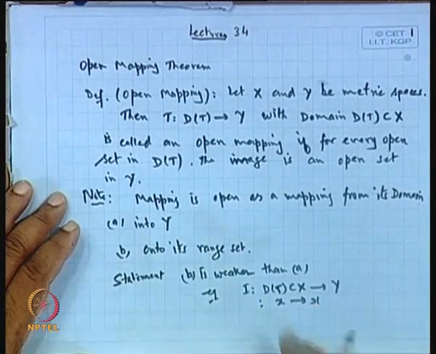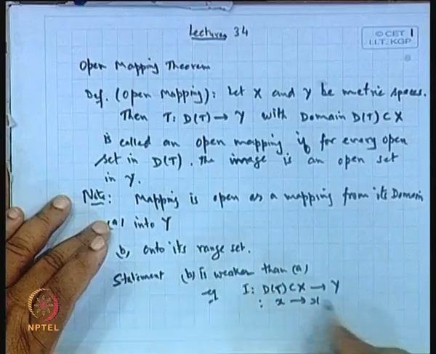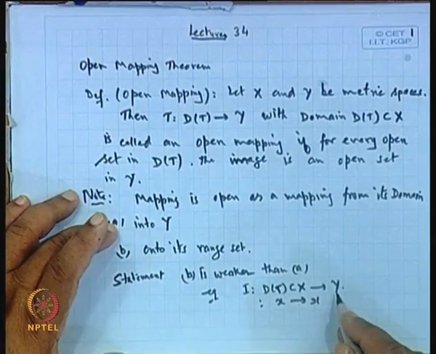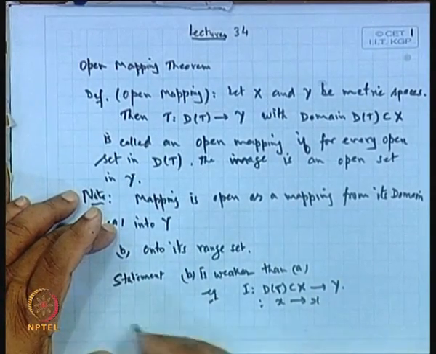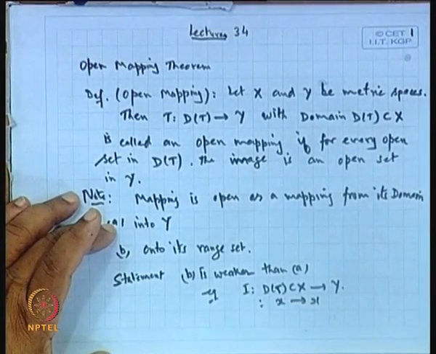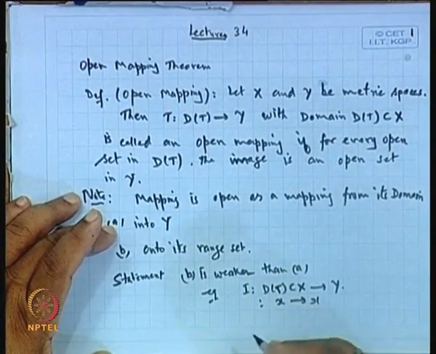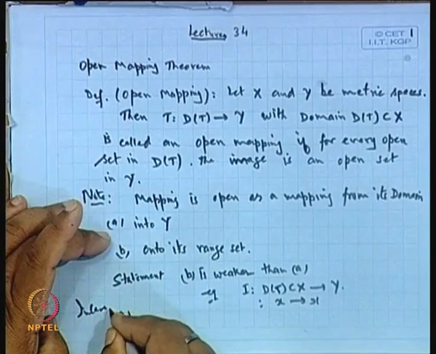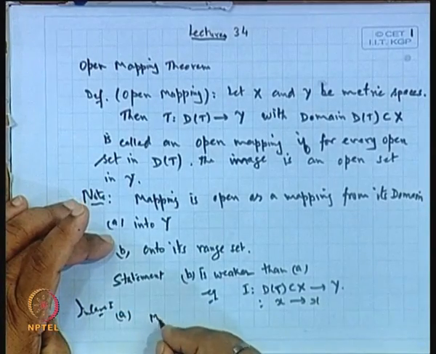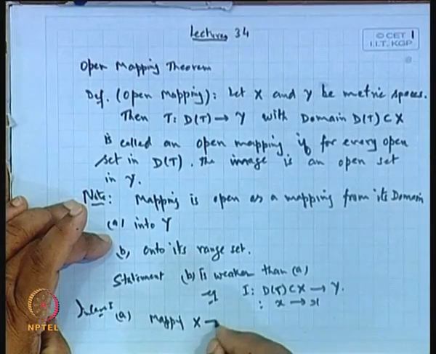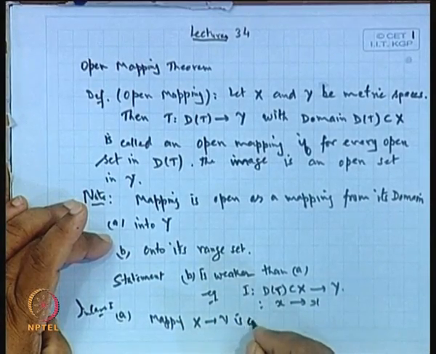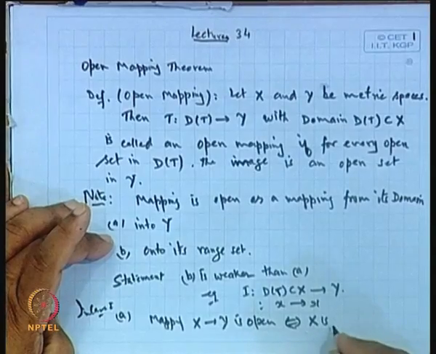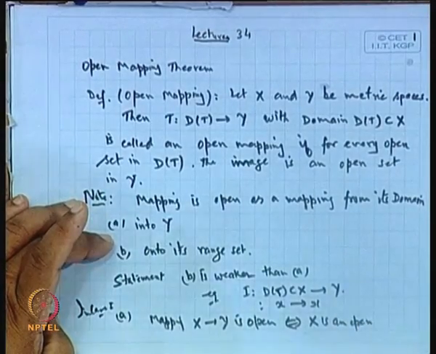In the first case, the mapping from X into Y is open if and only if X is an open subset of Y.